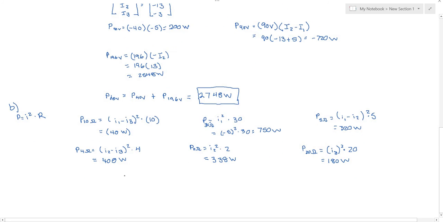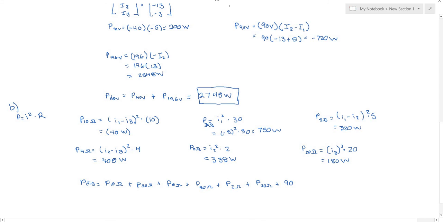So now we have to add them up. Power dissipated, or power absorbed, is equal to P10 ohms plus P30 plus P5 plus P4 plus P2 ohms plus P20 ohms and P90.